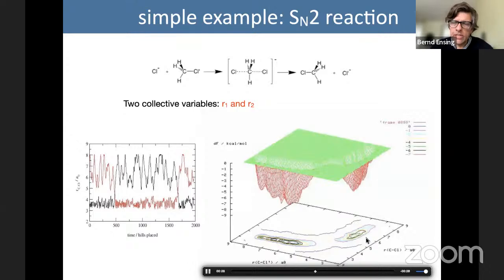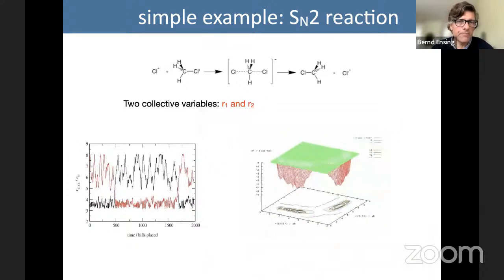And this was when the method was just introduced, and we were still trying to figure out how it works and how to choose the parameters. How high should the Gaussians be, and how wide, and how often should you drop them, right? So this was one of my first experiences with metadynamics.